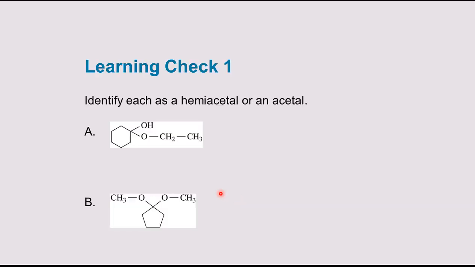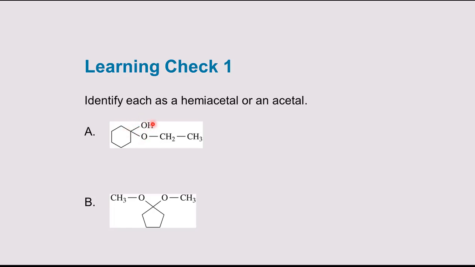All right, so let's practice first identifying whether a molecule is an acetal or a hemiacetal. The trick here is, again, to look at the carbon that has the 2 oxygens bound to it.